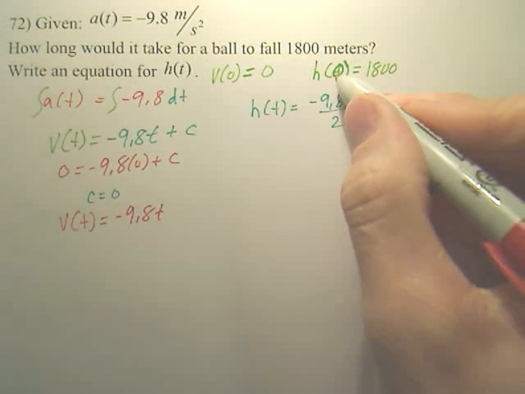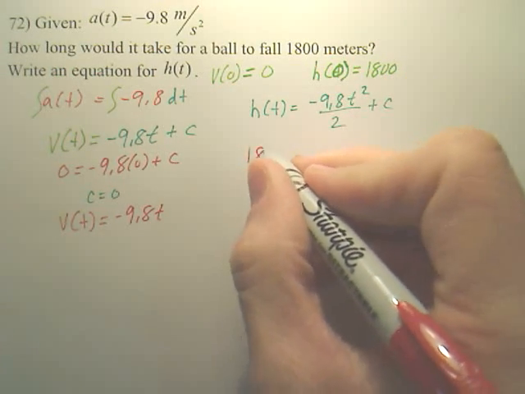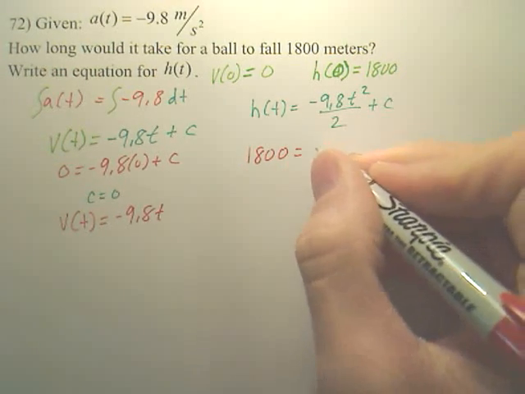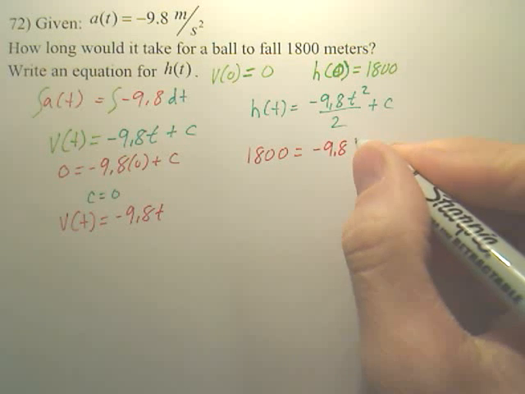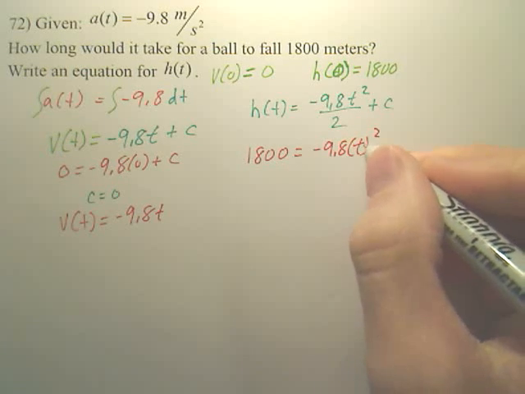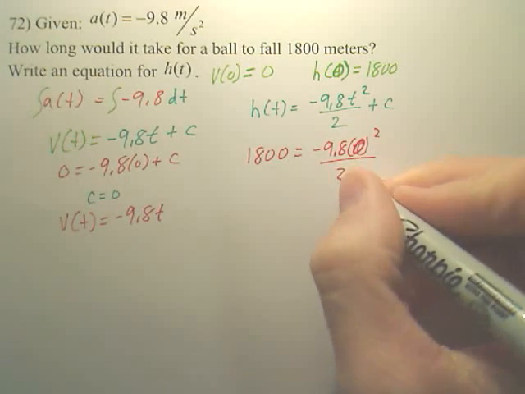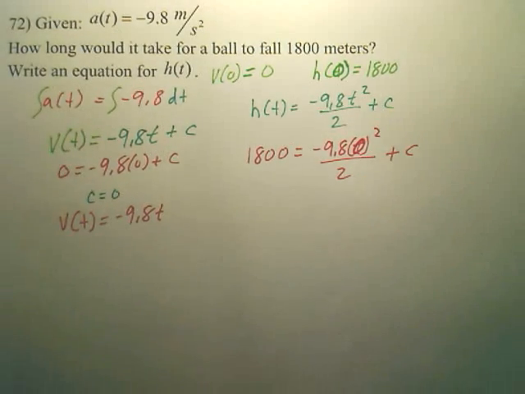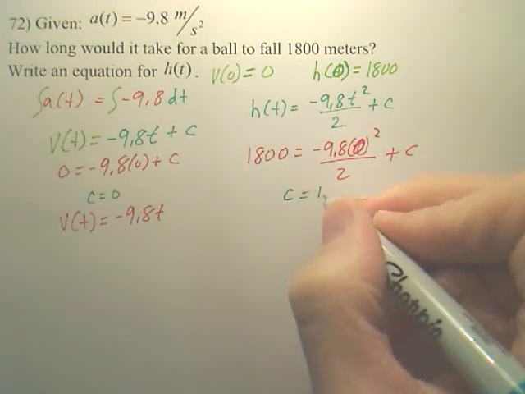Do I know that h of 0 is 1,800? So can I just put 1,800 equal to negative 9.8, sorry, t squared. Oh wait, 0 squared, that's what I want to do. Isn't that 0? 0 divided by 2 plus c. So what's c? Well, c is 1,800.